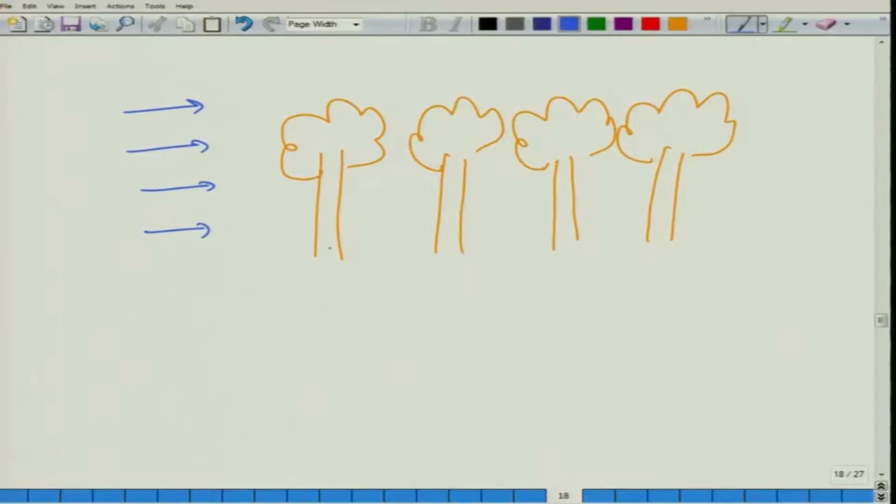The outermost tree will face a lot of wind pressure W, but this pressure is then shielded. So, this tree will face very little wind pressure, and so will all the other trees. W1, 2, 3, 4. So, essentially W1 will be very much greater than W2, W3 or W4 and so on.